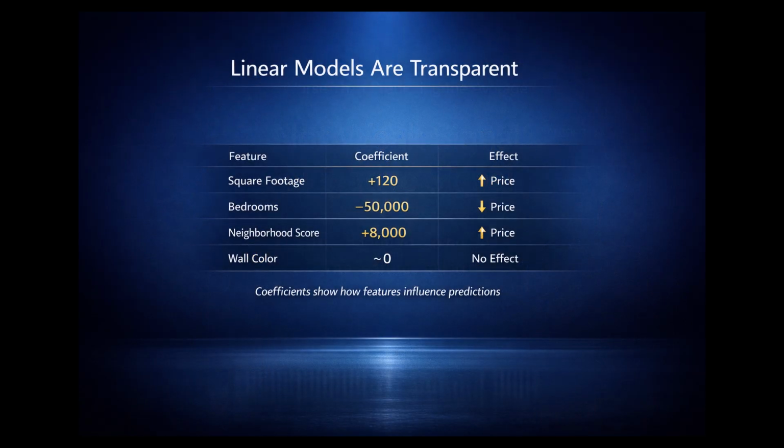Linear models occupy a unique position in applied machine learning, not because they are the most powerful, but because they are the most transparent. Every prediction a linear model makes is a weighted sum of the input features. Price equals some weight on square footage, plus some weight on number of bedrooms, plus a baseline. Those weights are the coefficients, and they are directly readable.